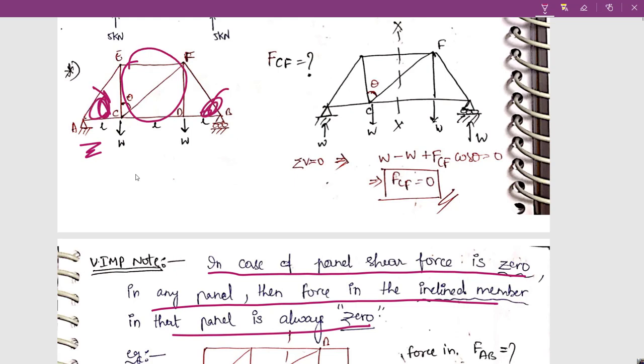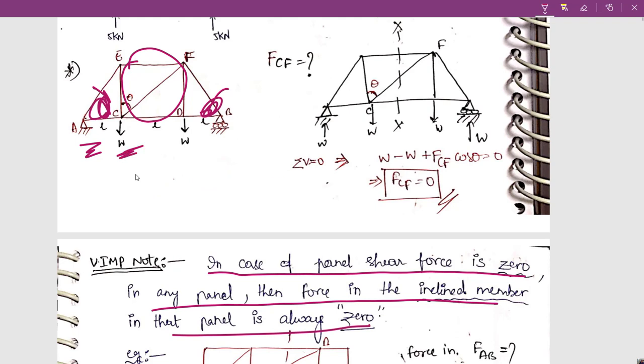So all these rectangular parts, if you are considering a truss, we call one panel. Even a triangular part is called a panel, but in problems, we generally take these rectangular parts as one panel. If the shear force in this panel is 0, then the inclined member will be carrying 0 force.